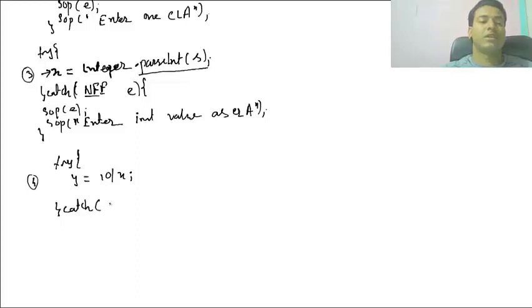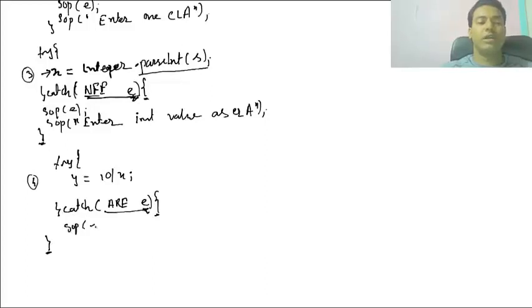If this statement gives an exception, then it will give ArithmeticException E. E is of type ArithmeticException. One more important point to remember here: this E is a local variable from this place till this. Same way here, this E is a local variable from here till this. It is similar to a method argument or constructor argument. So this E is not going to be this one, it is different. This is a local variable for this catch block, right?